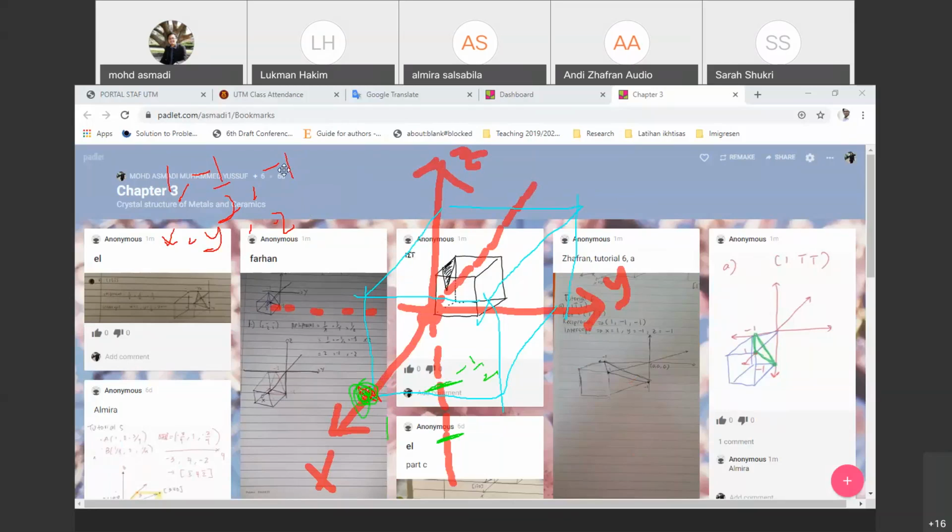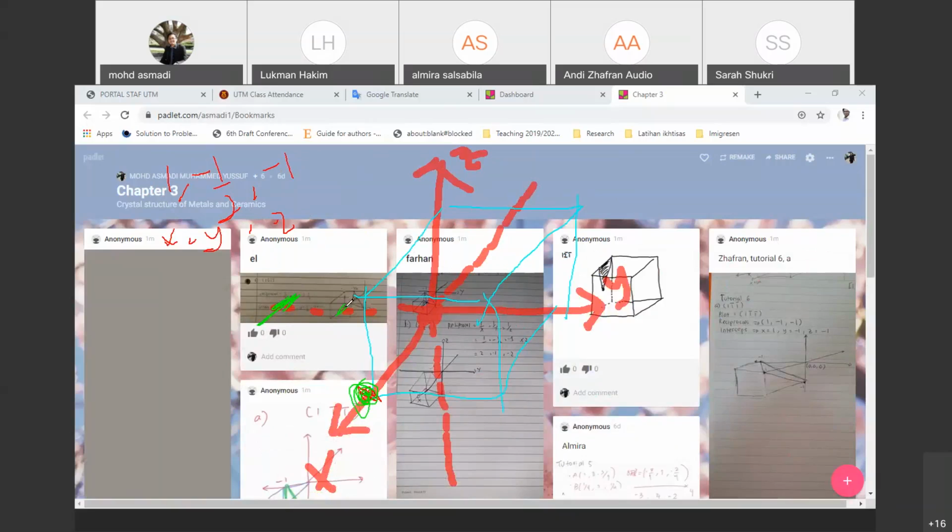How about Z? Oh, sorry, this one. This one is half. If this one is 100%, this one is 50%, so this one is negative half. And Z is negative 1, 100% but negative.